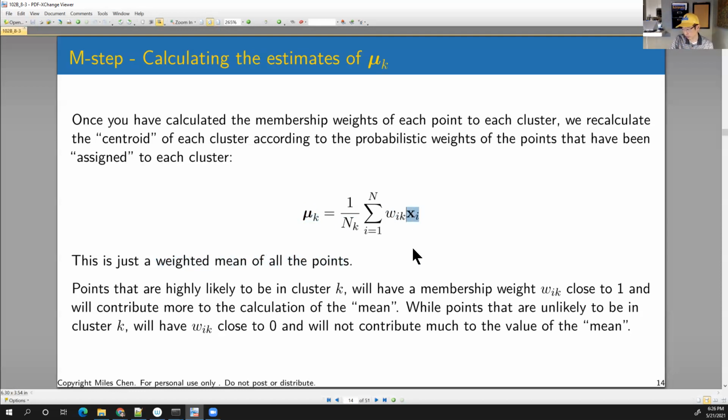Points that are highly likely to be in cluster K will have a membership weight close to 1 and will contribute more to the calculation of the mean. Points that are unlikely to be in cluster K will have a weight close to 0 and will not really affect the value of the mean very much.